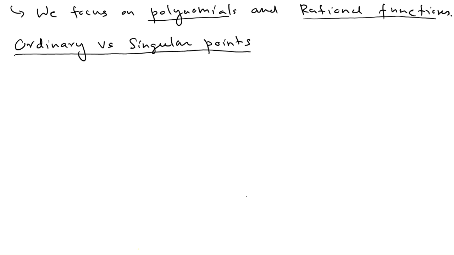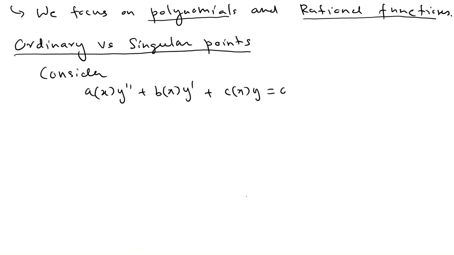So let's look at a common differential equation. Let's consider a(x) y double prime plus b(x) y prime plus c(x) y equals 0. I'm going to call this equation number 1 because this is very useful. We're going to refer to this again and again.